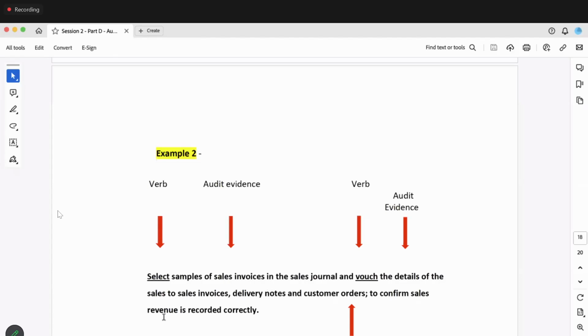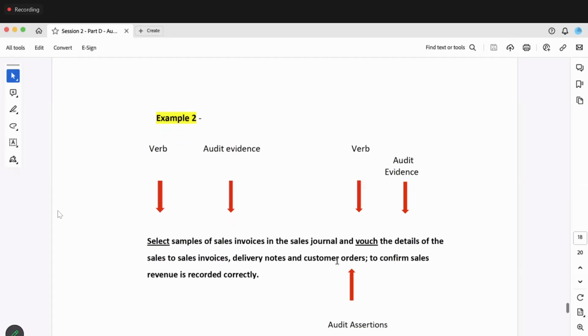You can see that this part is actually your audit assertion. So over here, we select samples and then we continue with vouch. The audit evidence that we want to see is the delivery notes and the sales invoices, so that we are able to confirm that this revenue has indeed occurred.